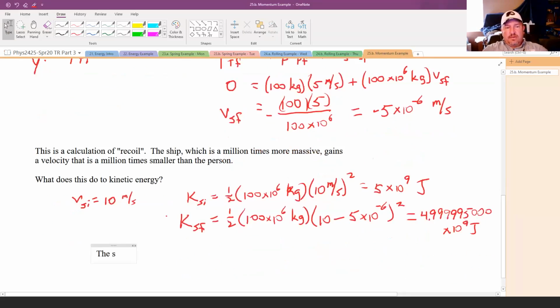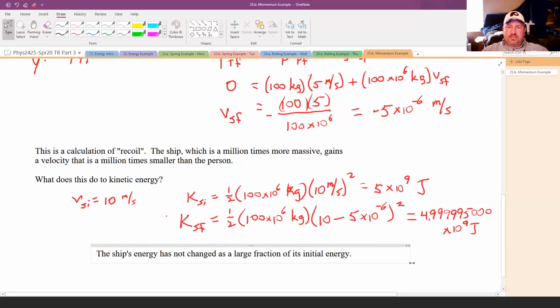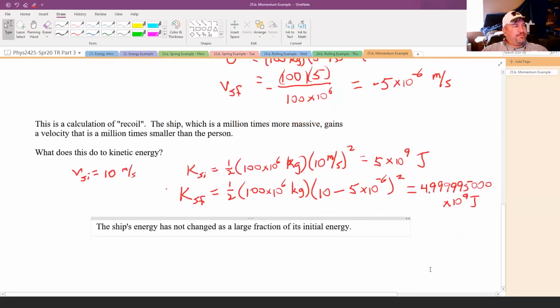So the ship's energy hasn't really changed.